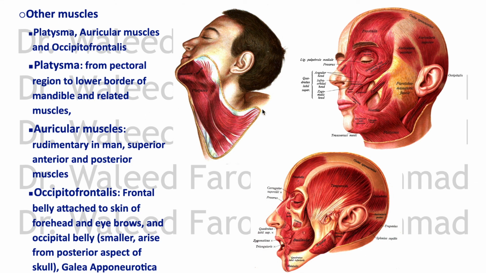Okay, we have auricular muscles, by the way. Anterior auricularis, superior auricularis, posterior auricularis, and they are all rudimentary and vary from individual to another. I even read about ear muscles inside the cartilage that connect the cartilages together.